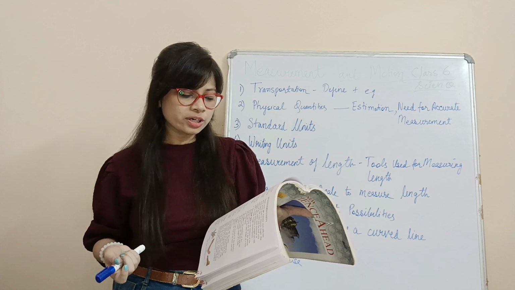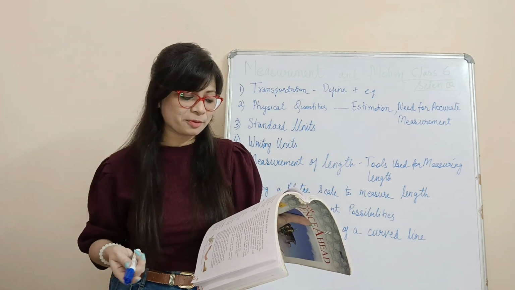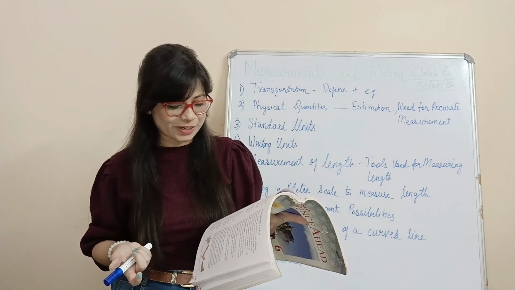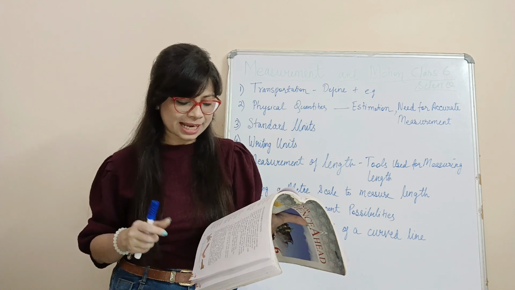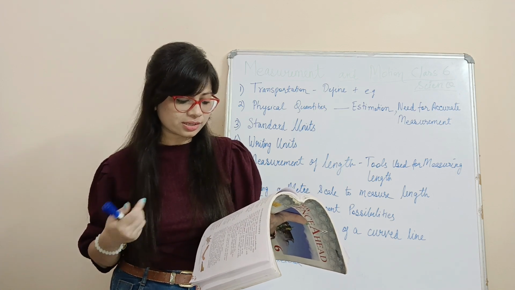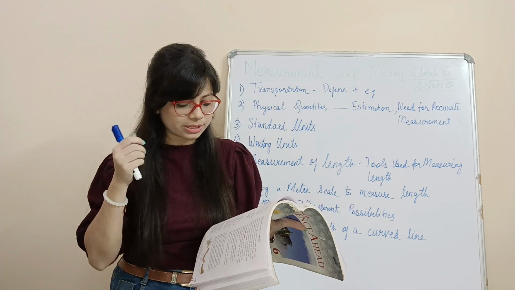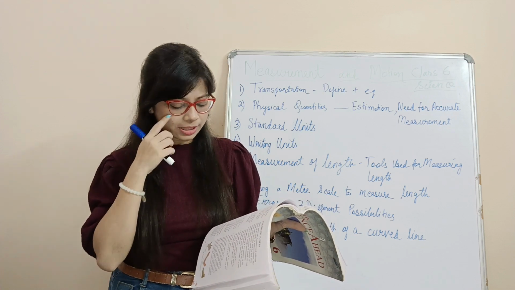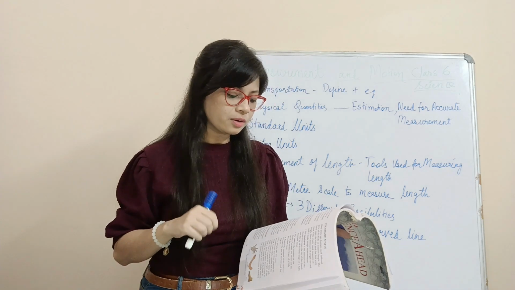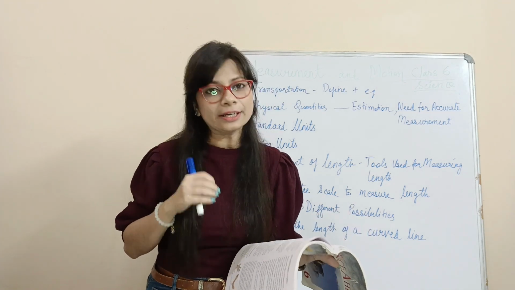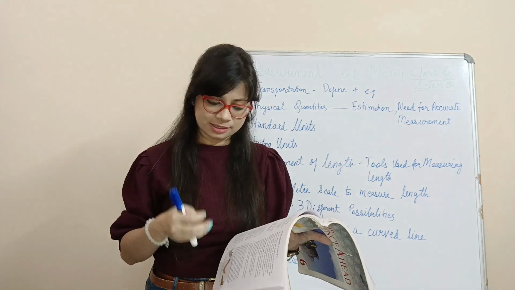The amount of sugar needed for a cup of tea, the number of days a tube of toothpaste will last, or the approximate time it will take to reach a certain place are some examples where a rough estimation is sufficient. So here it is talking again about day to day activities, the estimation topic.